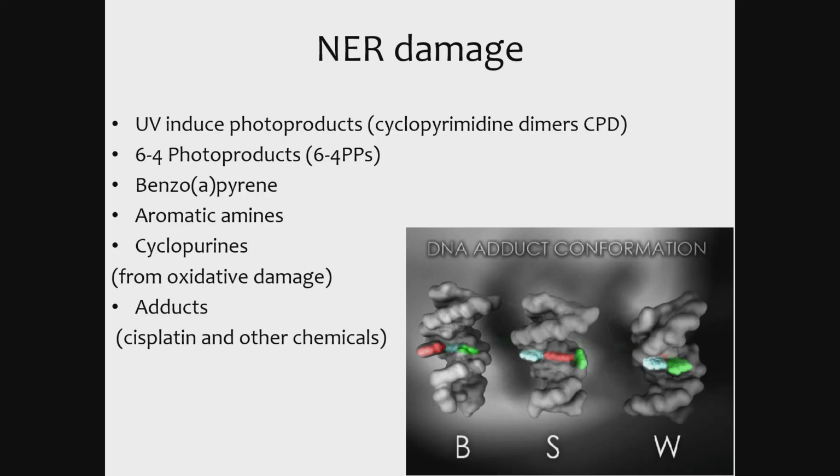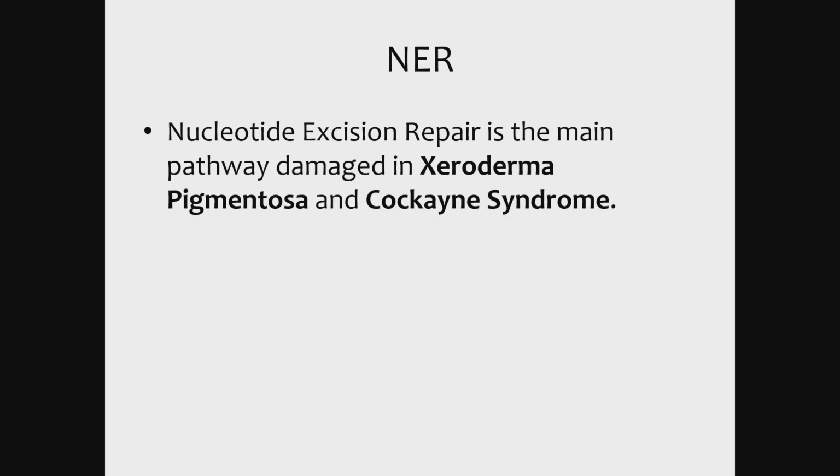For example, if we have irradiation and we have thymidine dimers or 6-4 photoproducts, the two bases are cross-linked together and are disturbing how the DNA looks in the bulk, then we will have this repair. And for example, cisplatin and other chemicals, these are the most commonly used in cancer to induce damage and send the cells signaling to kill themselves.